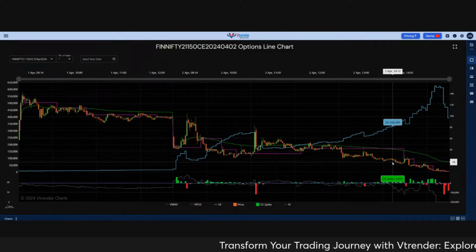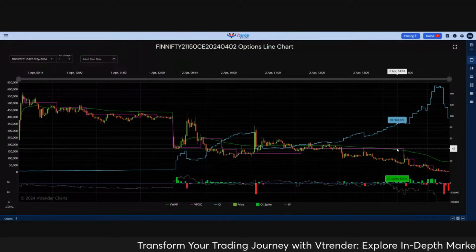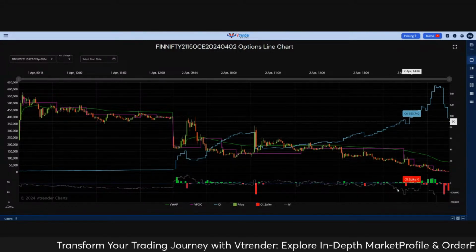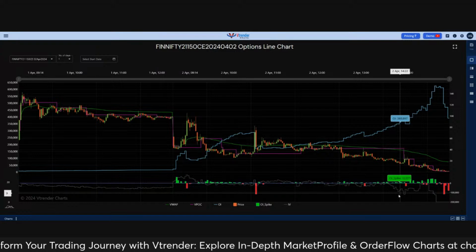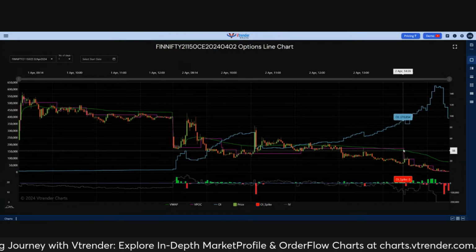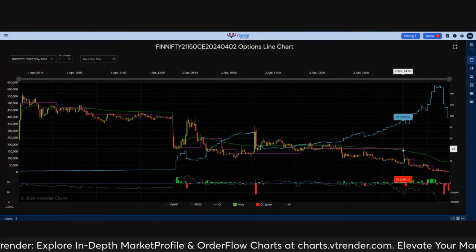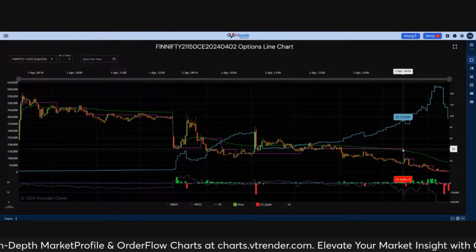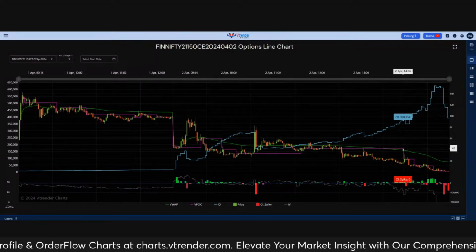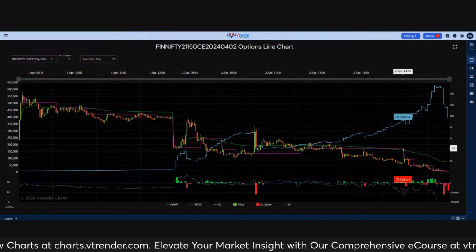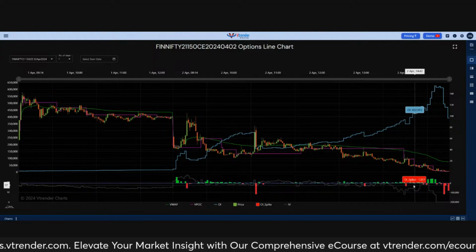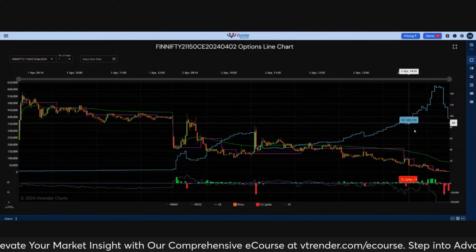And because we have a lot of information on these line charts, we have the POC, we have the VWAP, we have the open interest, and we have these OI spikes. So if we would have had a Dukan trade in this 21,150 call option today, the option would have got to about this POC of 40, and we would have seen OI red spikes here, and the OI would have started dropping.